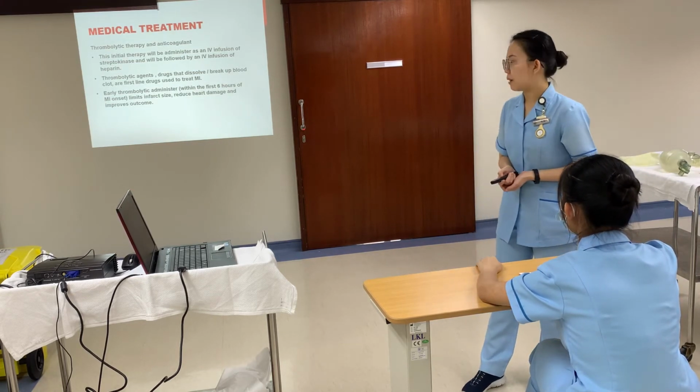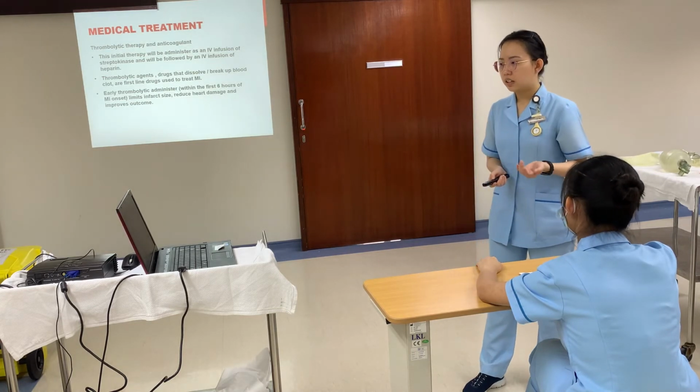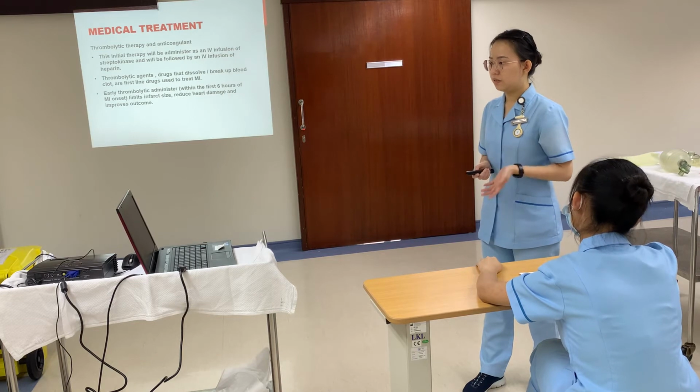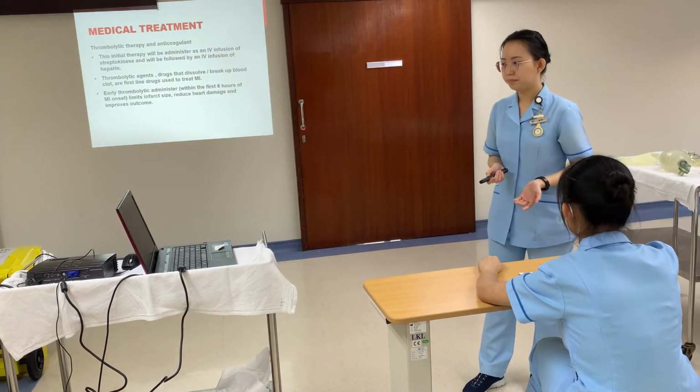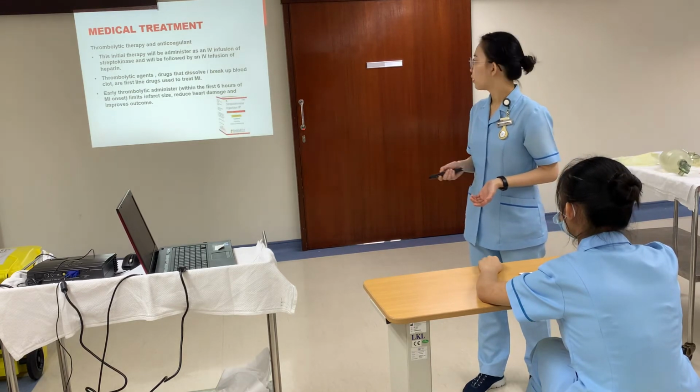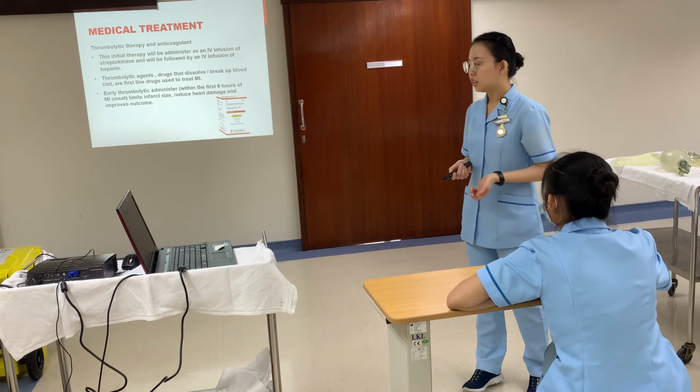Early thrombolytic administration within the first 6 hours of onset can limit the infarct size, reduce heart damage, and improve the outcome. So this is the picture of IV streptokinase.